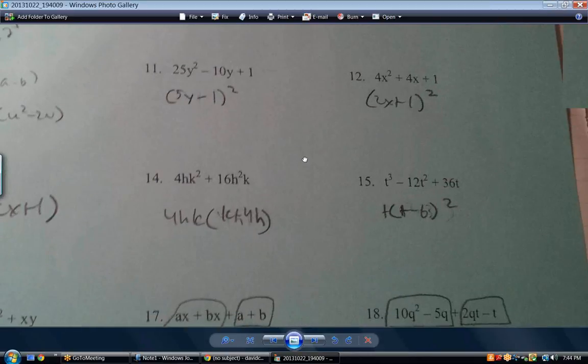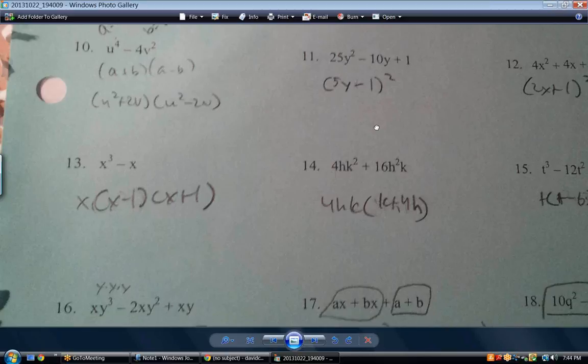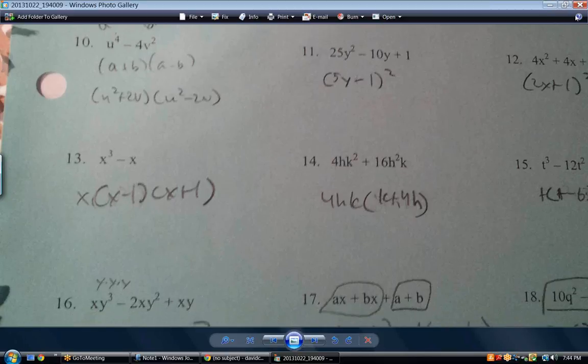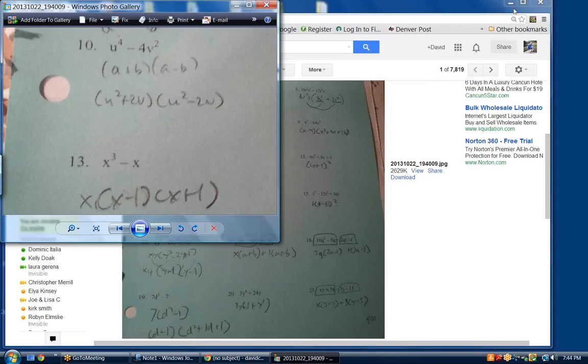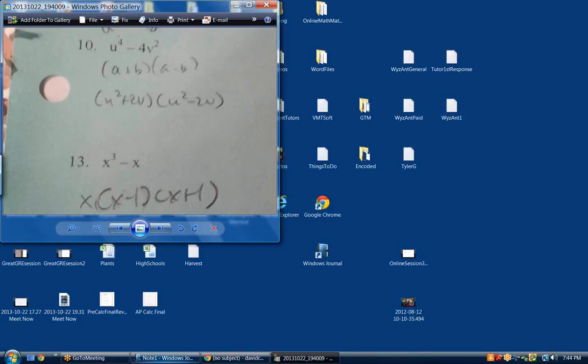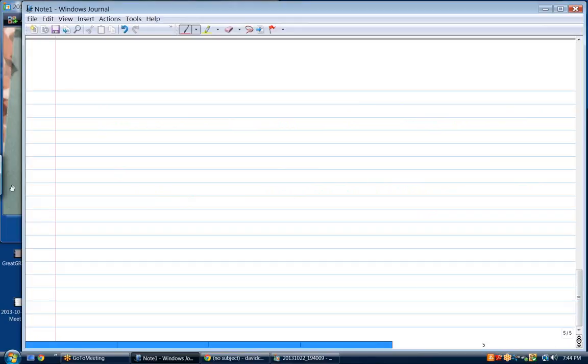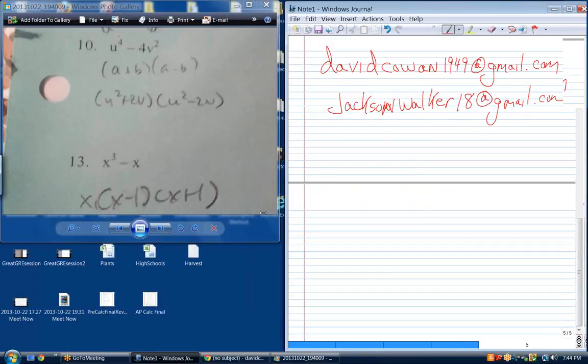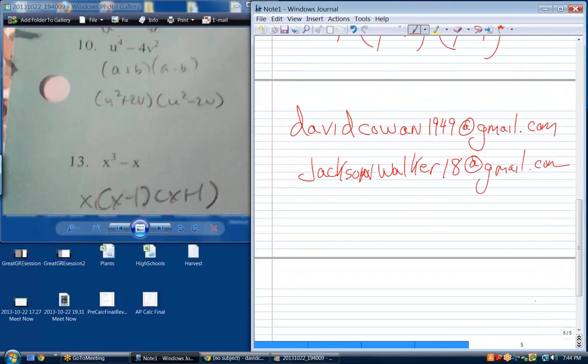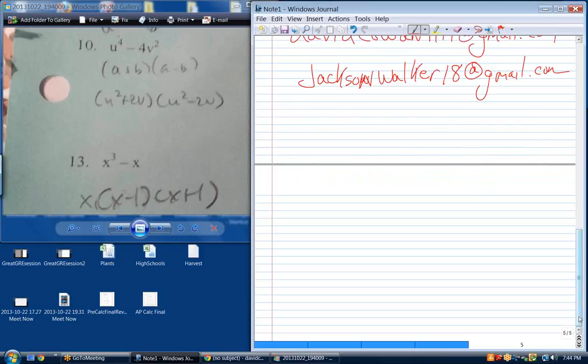This one I needed help on when I did it at first, like those marks up there. On 10? The teacher's note. Yeah, on 10. Let's look at 10 here. When we have difference of perfect squares, it doesn't always have to be a squared minus b squared.